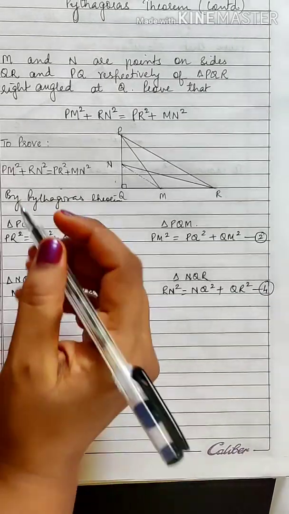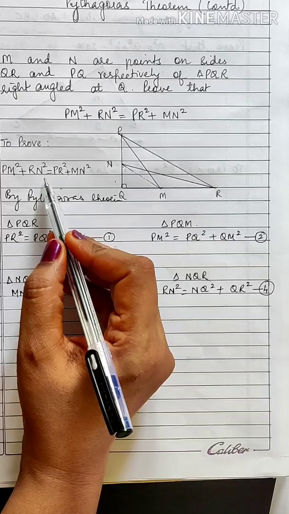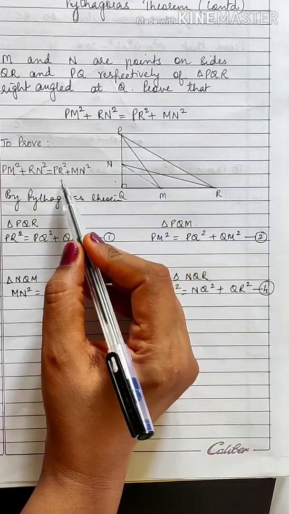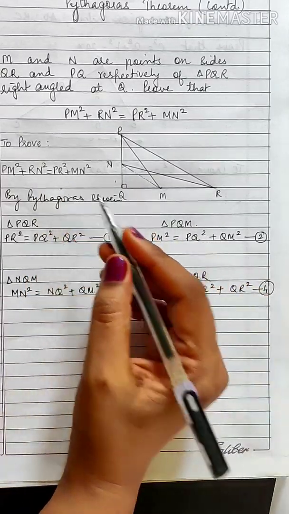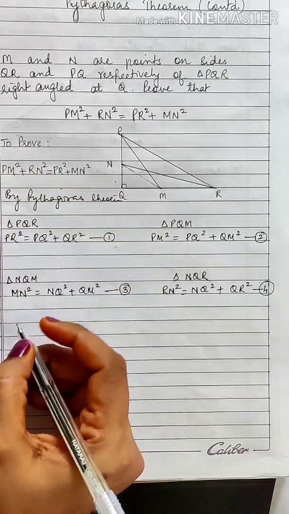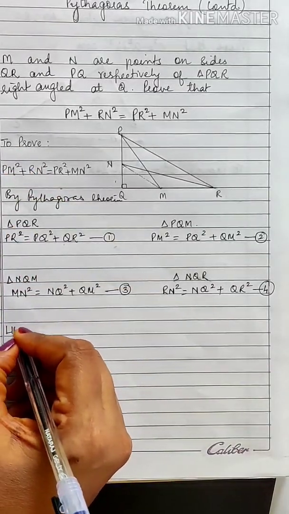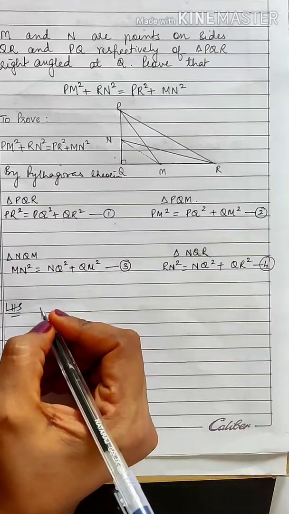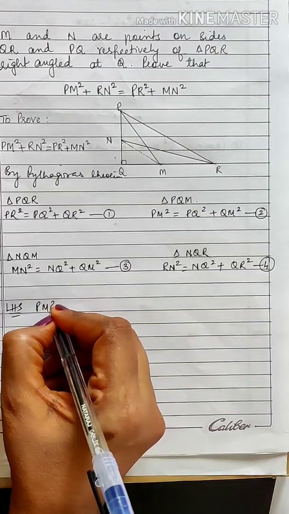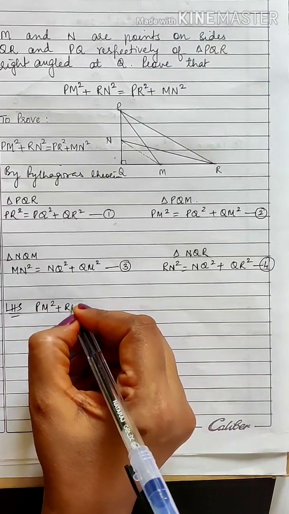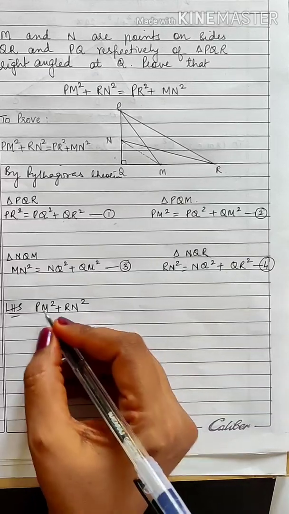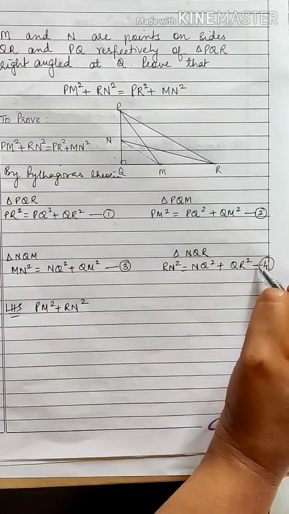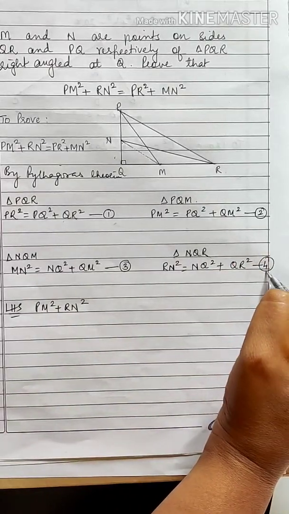Now what you have to prove? PM square plus RN square is equal to PR square plus MN square. So I will take the LHS, which is PM square plus RN square. Now PM square and RN square are from equation 2 and 4.